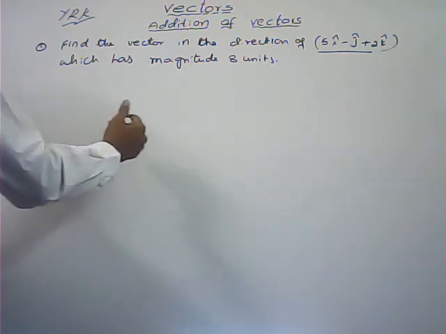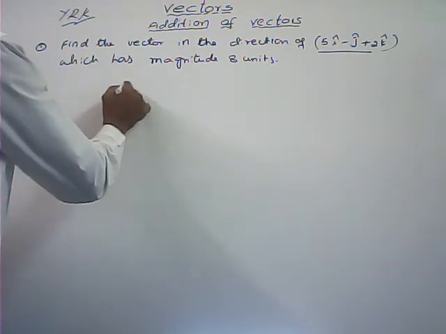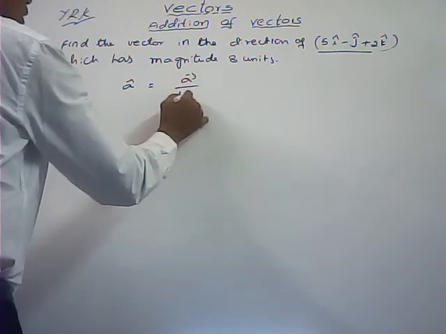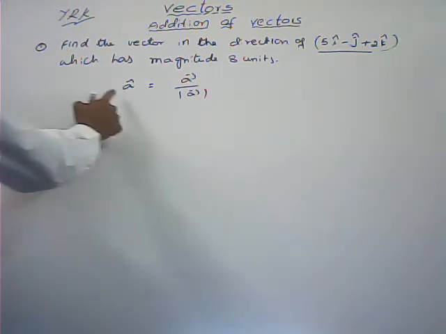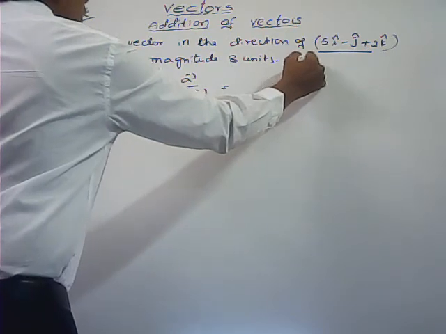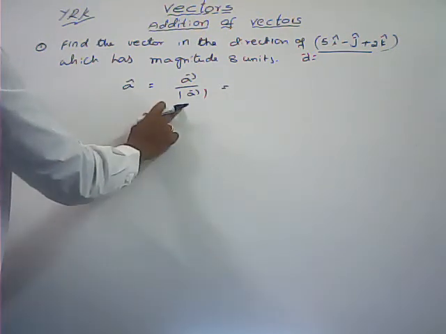In the definition also I told you, the unit vector in the direction of a bar is a cap, and a cap is equal to a bar by modulus of a bar. First you can find the unit vector. So consider this vector a bar only. Here we want the unit vector in that direction a bar. So a cap is equal to a bar by modulus of a bar.